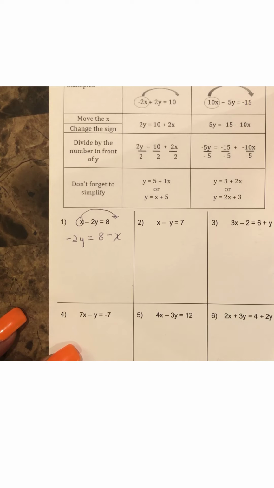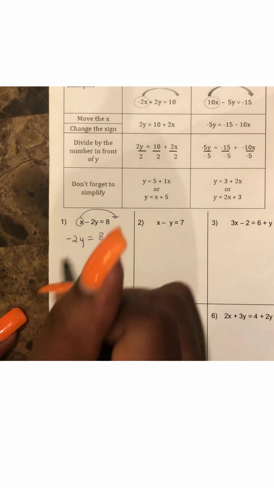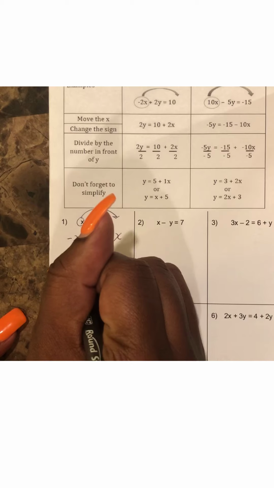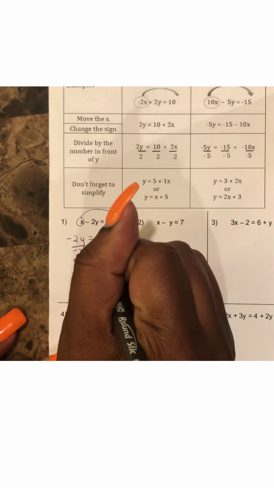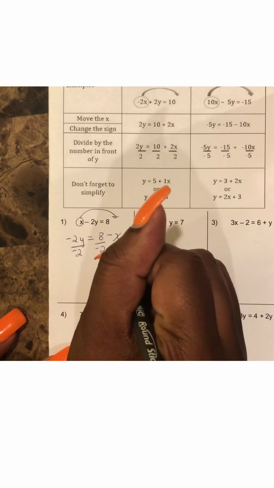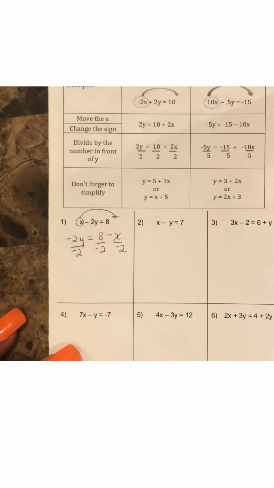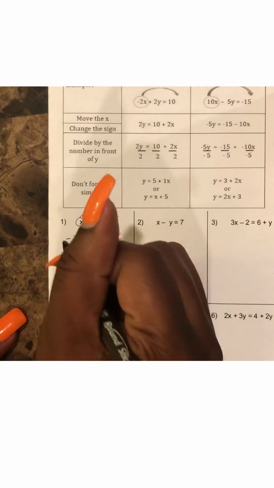Now the next step tells us to divide by the number in front of the y. The number in front of the y is a negative 2. So remember, each term has to be divided by negative 2. Last step, don't forget to simplify.